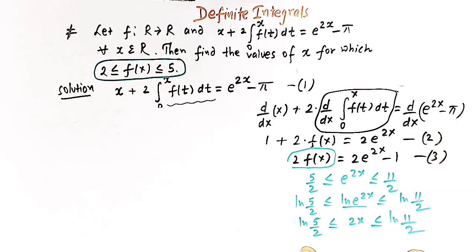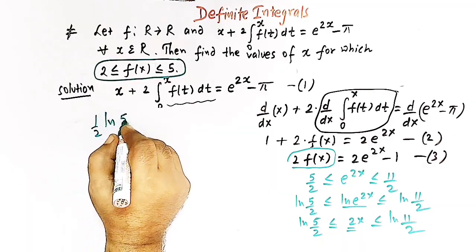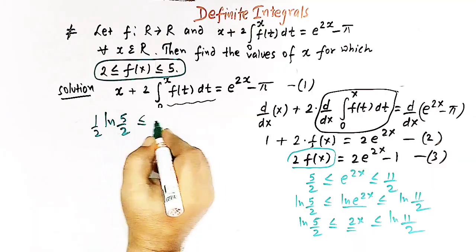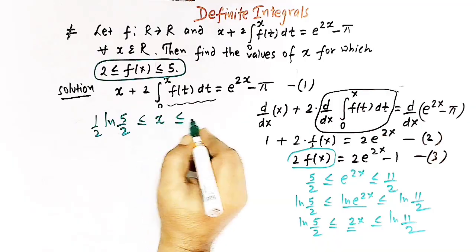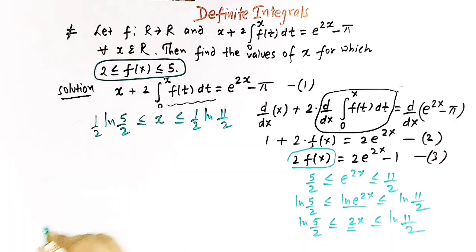So now dividing throughout this inequality by the factor 2, we have half natural log of 5 over 2, here we have simply x, and here we have half natural log of 11 over 2, right?